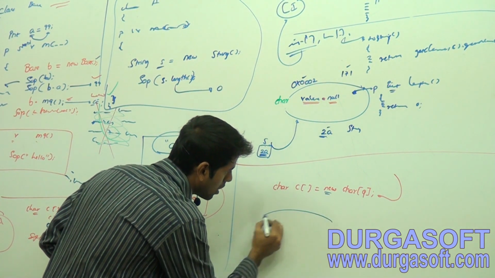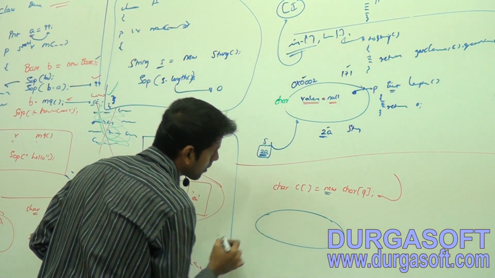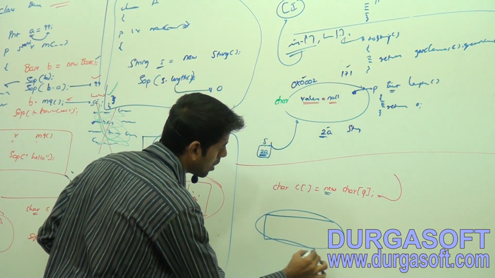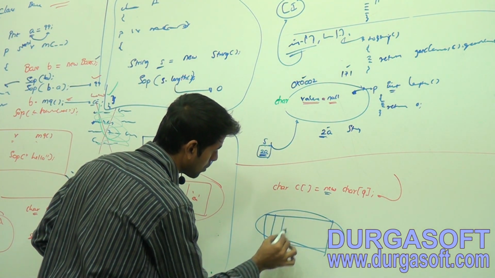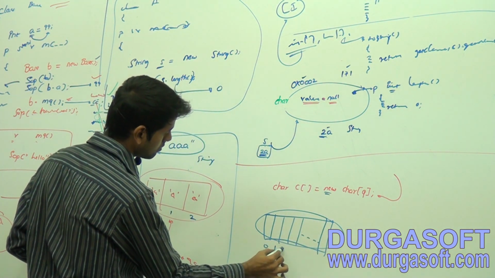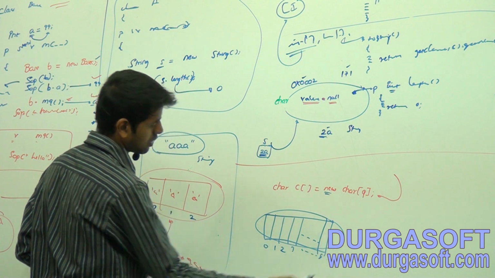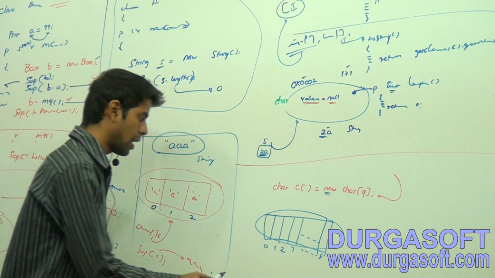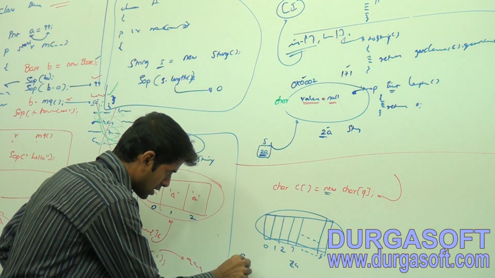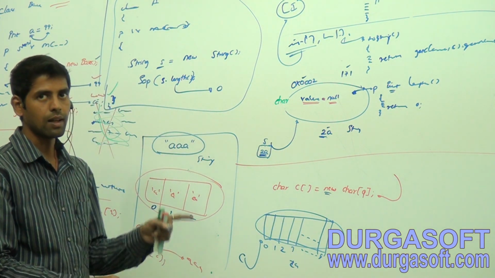Because of the new keyword, object creation. There will be 9 blocks created, 1 2 3 4 5 6 7 8 9, indexed 0 till 8, and it will have one reference, which will be copied to c.